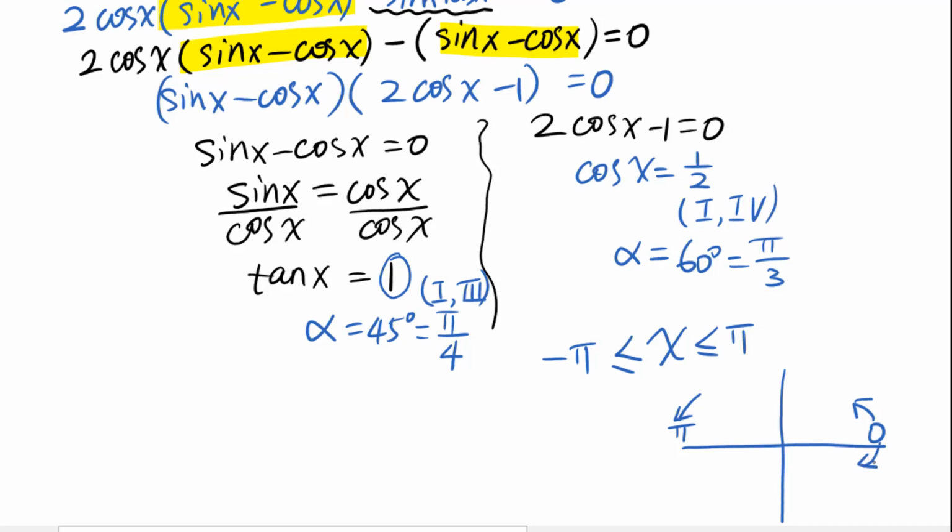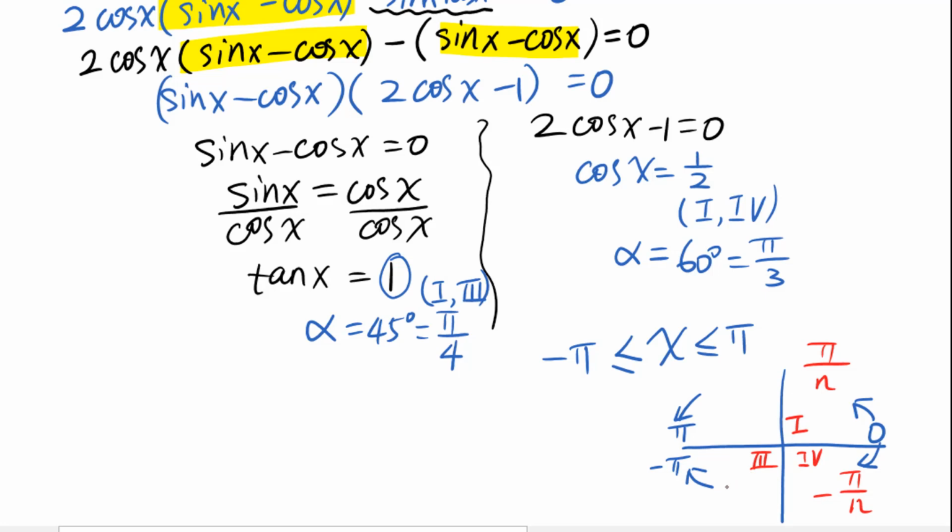Then for negative, from 0 to negative pi, start at 0, ending at negative pi. Let's write down the pattern for the first, third, and fourth quadrant. We have pi over n, negative pi over n.